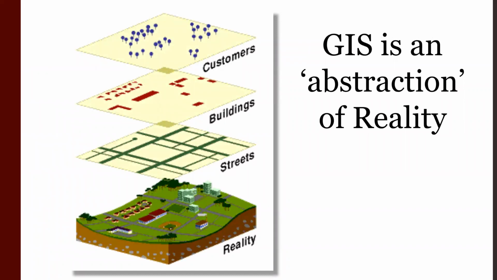Now, at the end of the day, GIS is just an abstraction of reality, though. And here's where we have to confront the reality of what all of this digital abstraction is doing. When we take data from the real world and we put it on a map, we make choices about what we're choosing to represent.